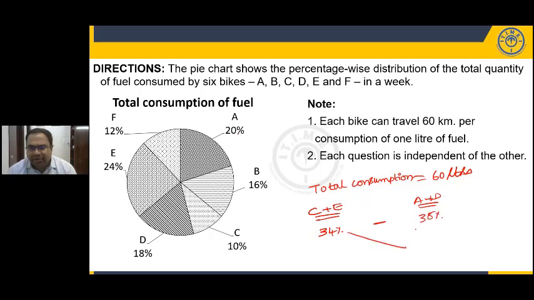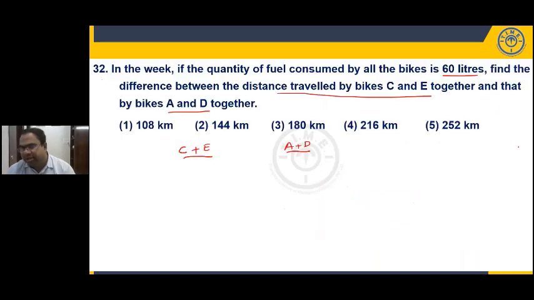The difference is 4%. 4% of 60 liters: 1% is 0.6 liters, so 0.6 into 4, 2.4 liters. This is the difference in consumption. For 1 liter you can travel 60 kilometers, so for 2.4 liters, 2.4 into 60, 144 kilometers. Choice 2.